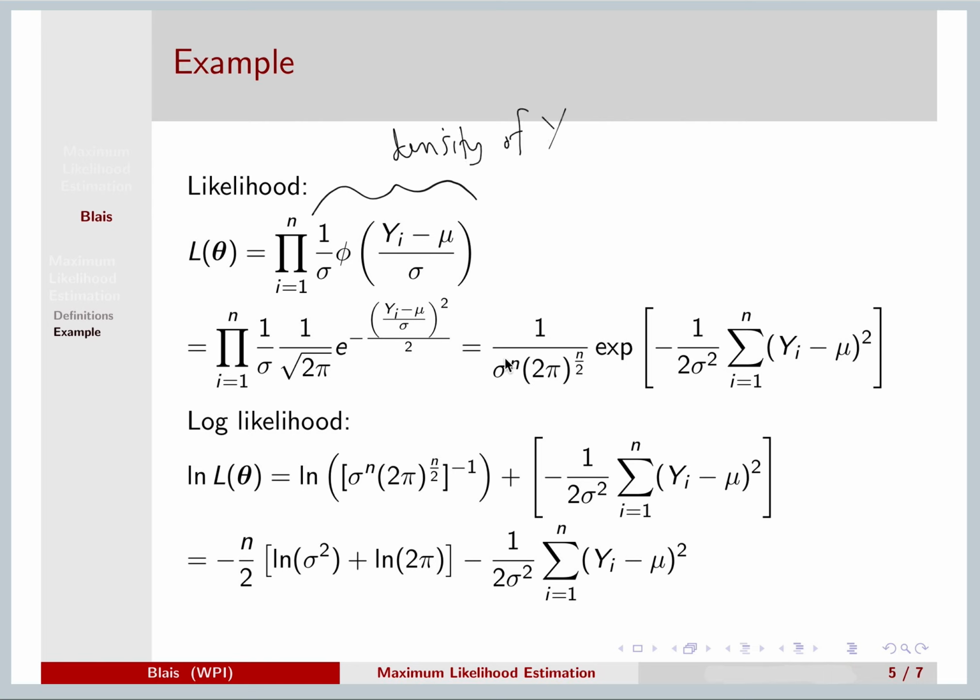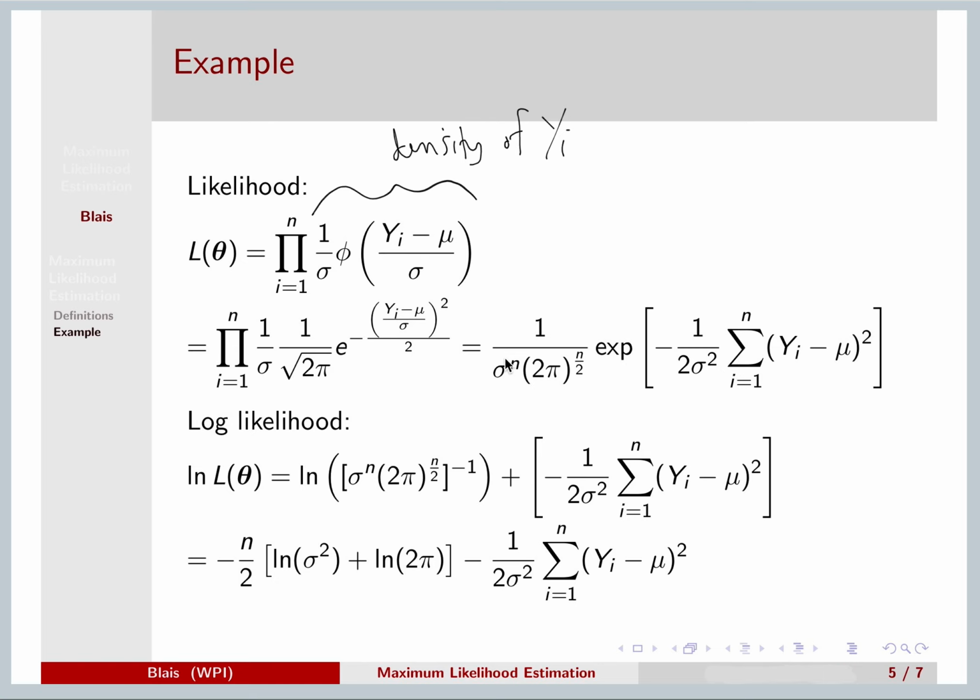And using that theorem, because our yi's are independent, the density of the entire random vector y is the product of the individual densities, which is what we have here. That's our likelihood function, the product of the individual densities evaluated at the data points yi.